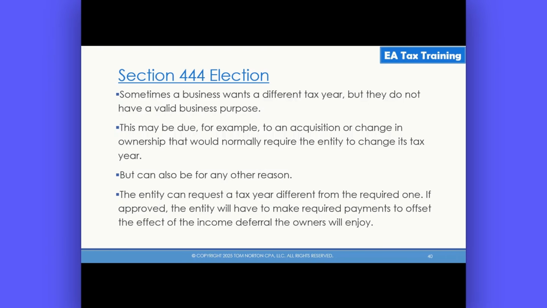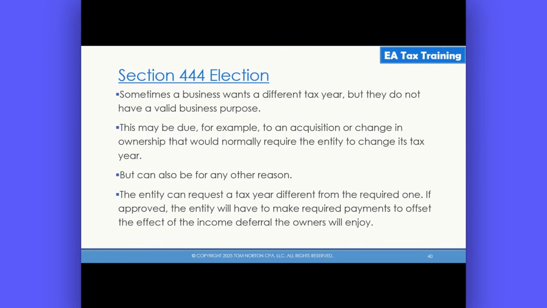That way, we get an 11-month deferral on the income from that partnership. Because remember, that partnership's not going to issue a K1 until April after the C corporation has already filed their calendar year tax return. So they wouldn't have to include all of that income until their following year's tax return. So they would get an 11-month deferral of the tax from the income from that partnership.